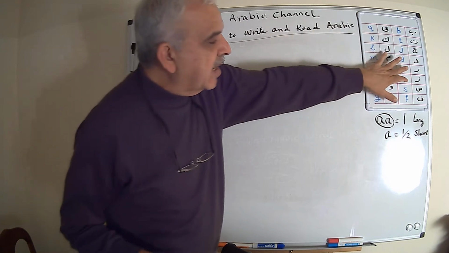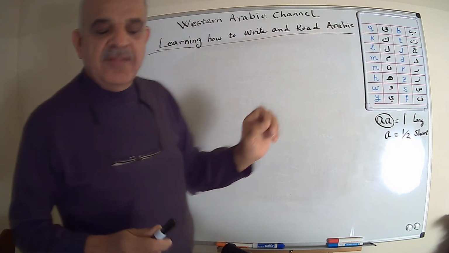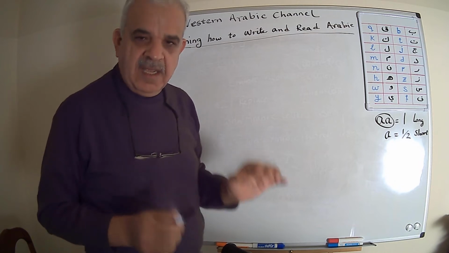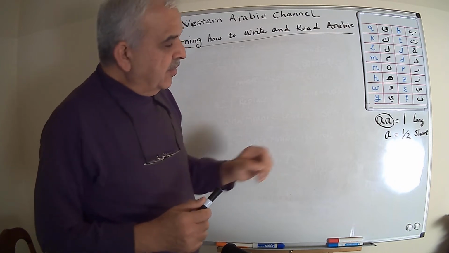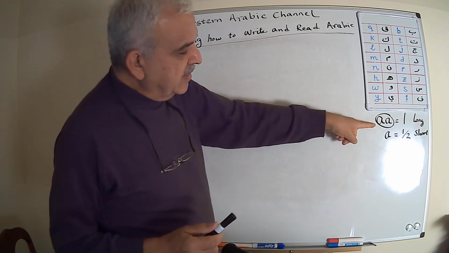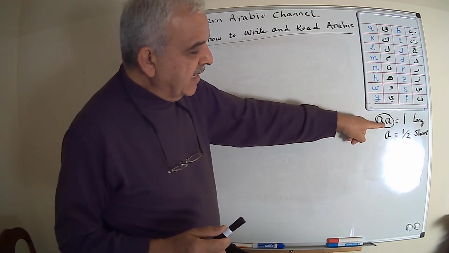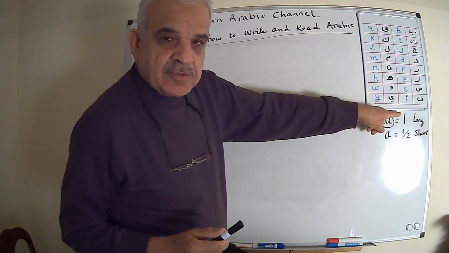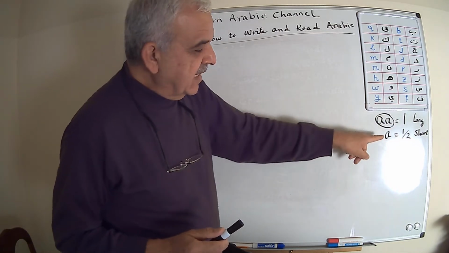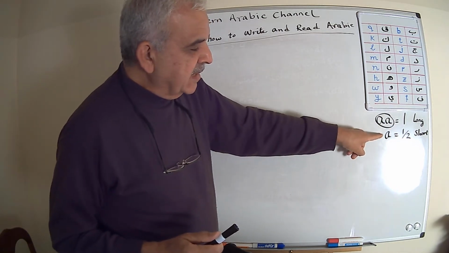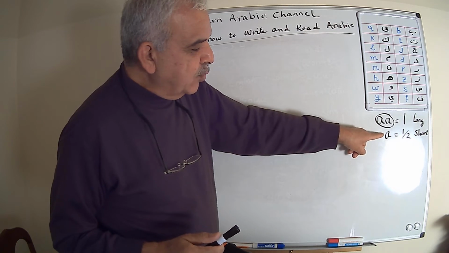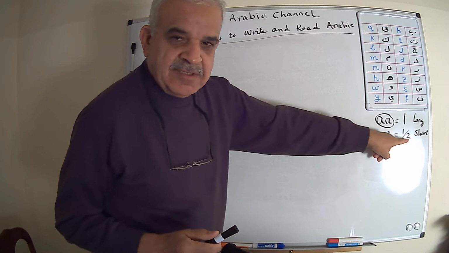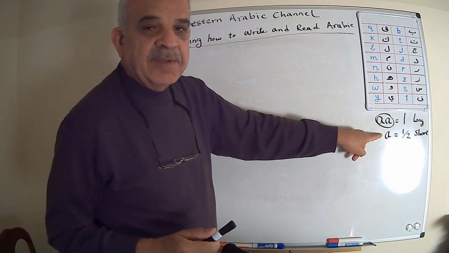So the R in English represents the Ra sound in Arabic. And we will use only the double A, which represents the long A sound, called in Arabic Alif. And we will use one A for the short A sound, which is called in Arabic Fatha.